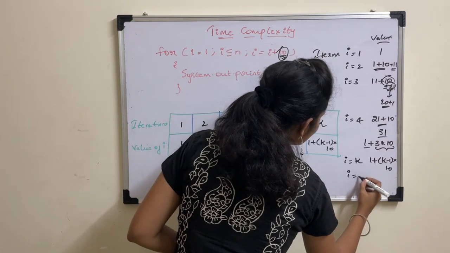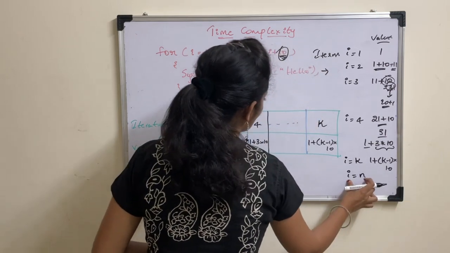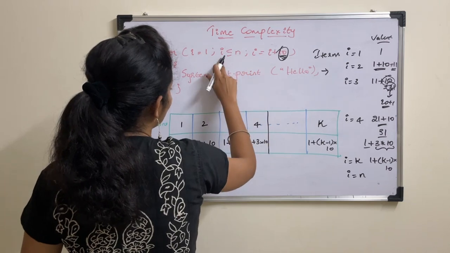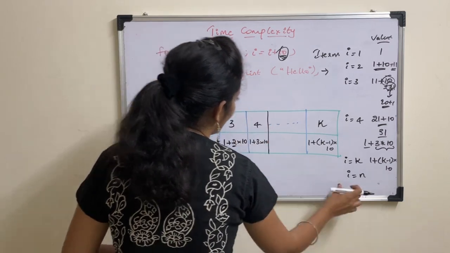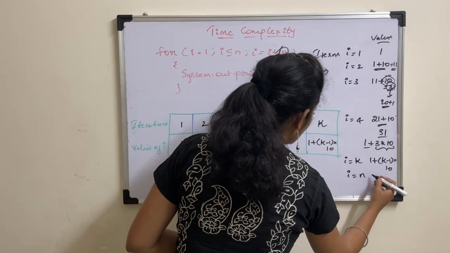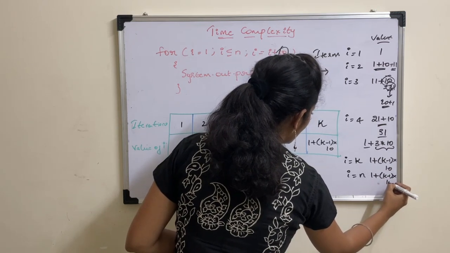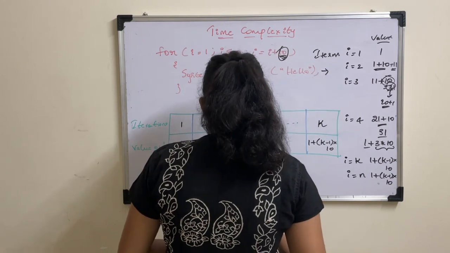So this can be written as I equal to n. So I value is equal to n. We'll repeat this until I less than or equal to n. So when I value is equal to n, then the result is 1 plus k minus 1 into 10.